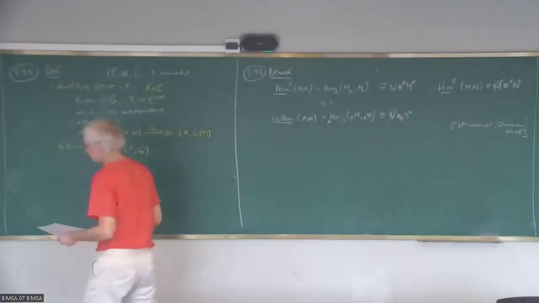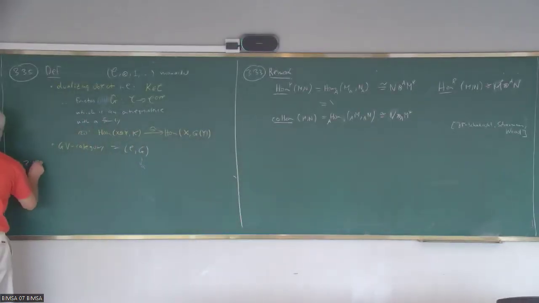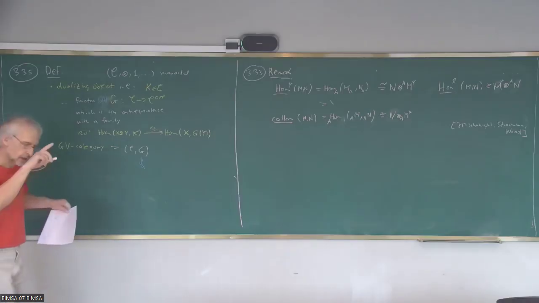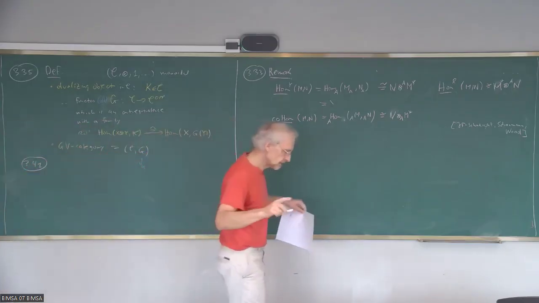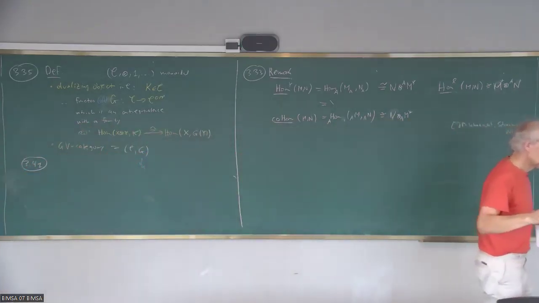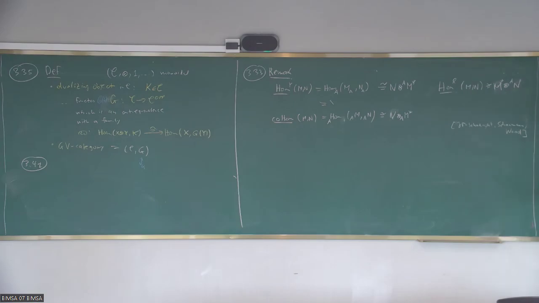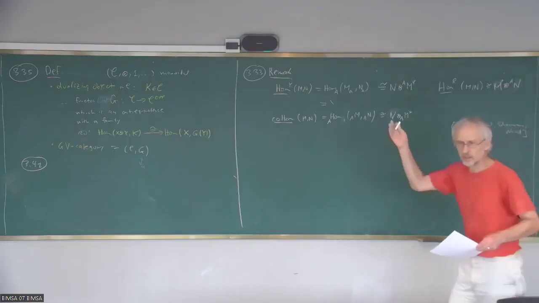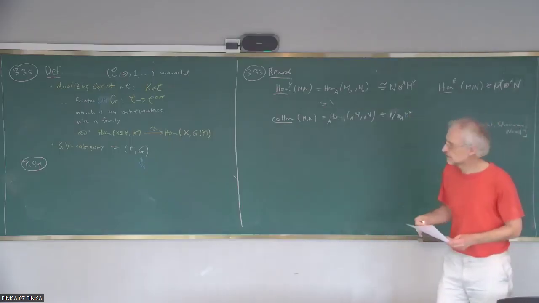Now there's one important result. If we have a rigid duality, then the duality functor, left or right duality, is monoidal. So it's monoidal except that it goes to the opposite category.